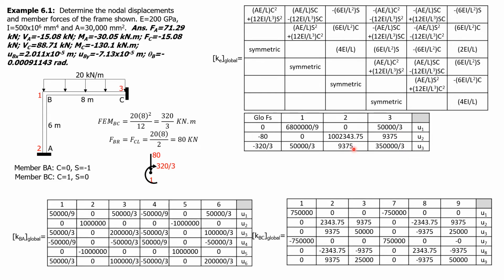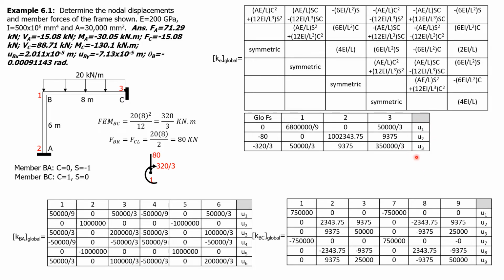So row 3 column 2 is also 9,375. It is symmetric. And finally 3, 3, we have 200,000 over 3 here. Then on the other matrix, we have 50,000. So 200,000 divided by 3 plus 50,000 is 350,000 over 3.